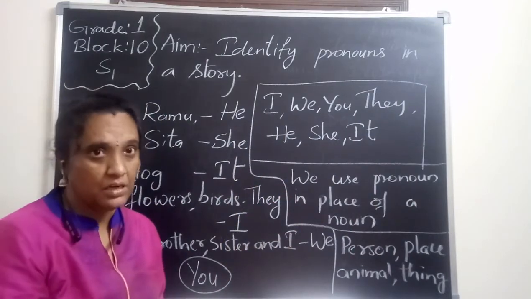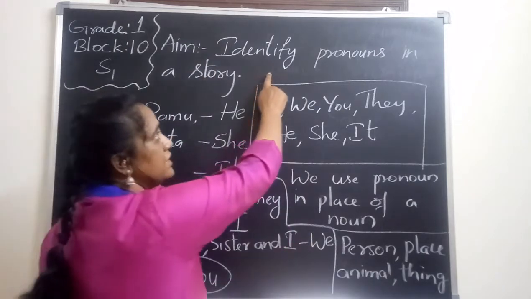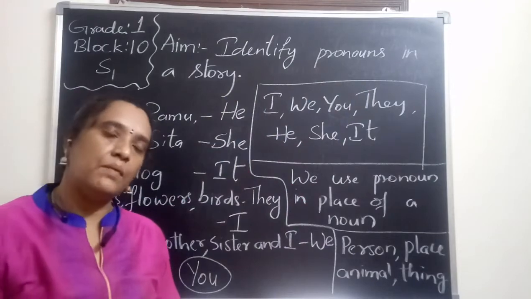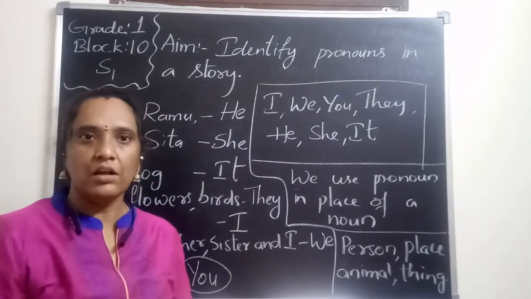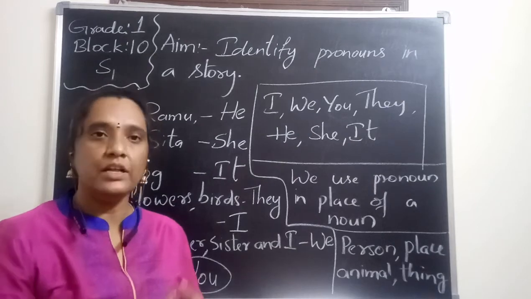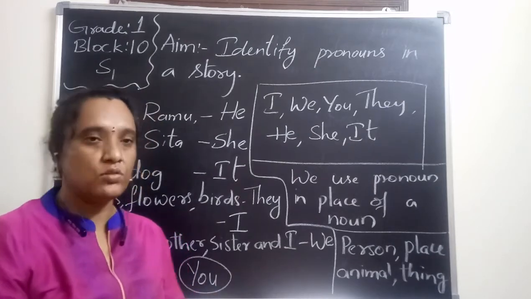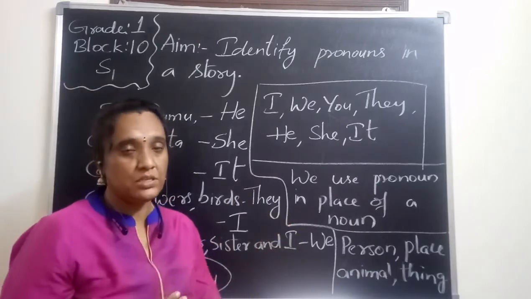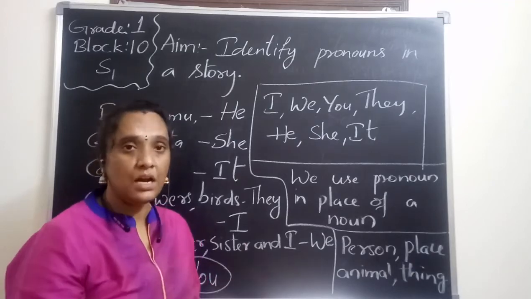Now what is our aim today? Today our aim is to identify the pronouns in a story. So already we completed the lesson about Rolly and Rana. In this lesson, you want to identify the pronouns. If a name is repeated many times in a story, they won't use the name but they use the pronoun.